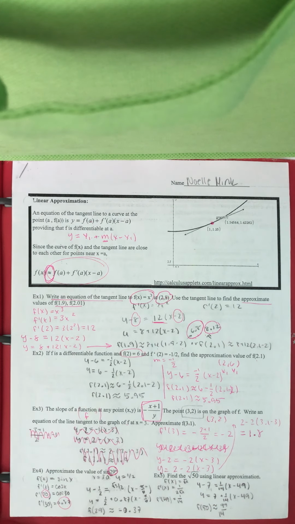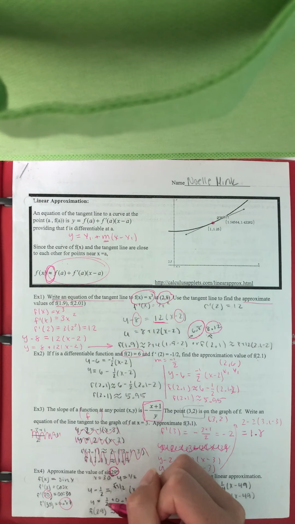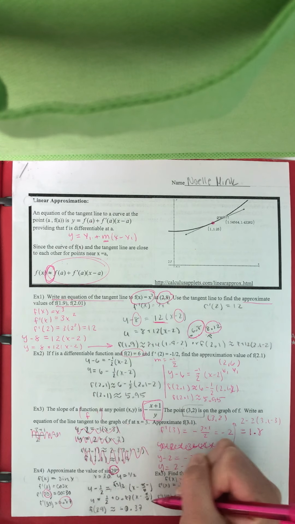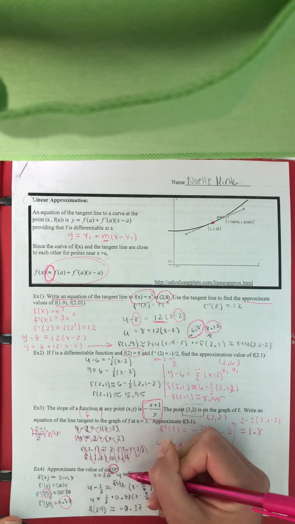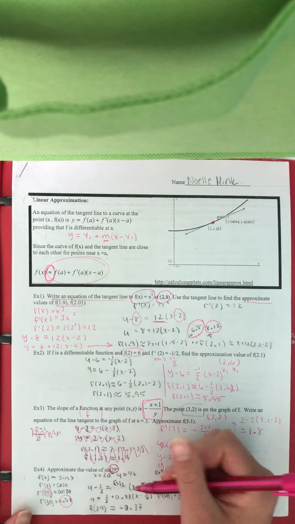That's your slope. You know your original value is whatever the sine of 30 is, which in this case is 1/2. So you plug it into your formula: y equals 1/2 plus root 3 over 2 times the quantity of x minus pi over 6, or 30 degrees.